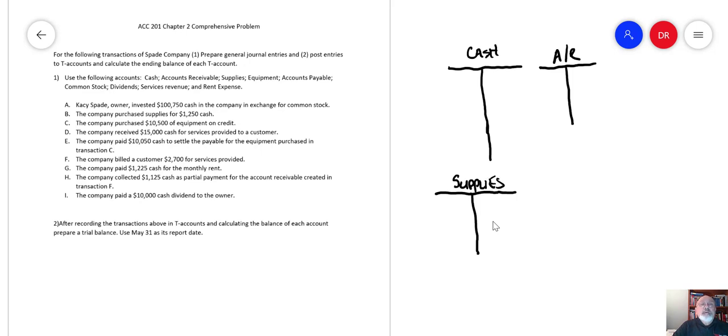And we have equipment. These are all assets. So abbreviate equipment. But these are all assets. So for all of these accounts, the debit side will increase them. So we'll have a debit increase, a credit decrease.